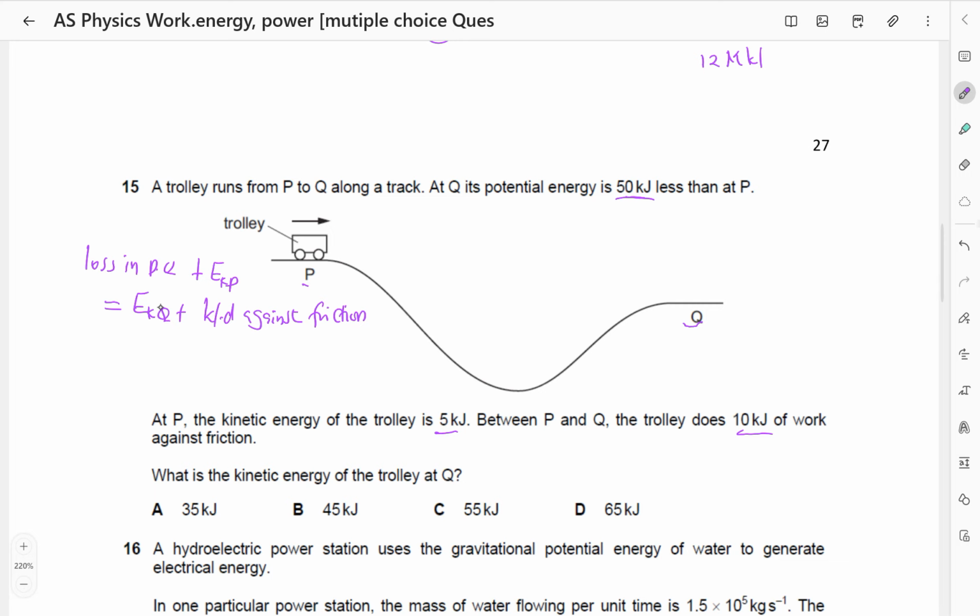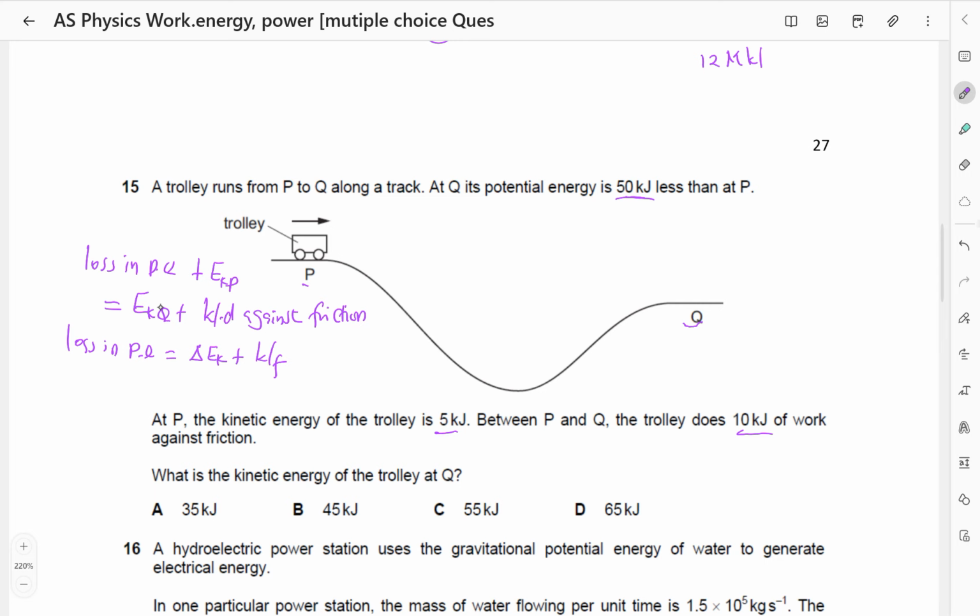Or I would simply say the loss in potential energy can also be equal to the difference in kinetic energy plus the work done against friction. But since kinetic energy at Q is going to be greater than kinetic energy at P, it is as easy as putting kinetic energy at P on the left hand side. I will simply say that the loss in potential energy is equal to the gain or the change in kinetic energy plus the work done against friction. So the loss in potential energy is given as 50.